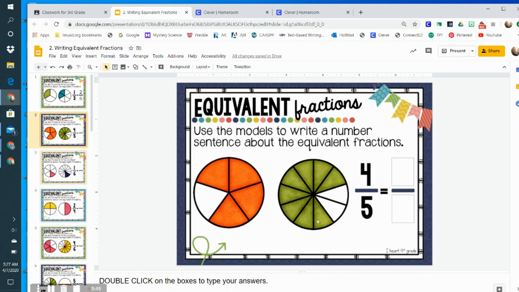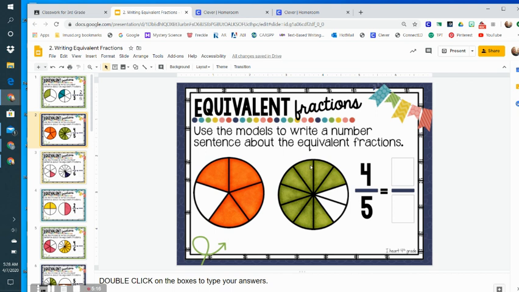Now this next model, this green circle here, is going to be a little bit trickier. So count it twice if you need to. But we need to first figure out how many pieces this circle has been divided into. I'm going to start with this white piece. And I know that I need to end here. So I have 1, 2, 3, 4, 5, 6, 7, 8, 9, 10.